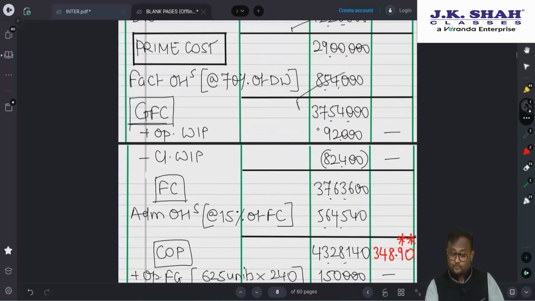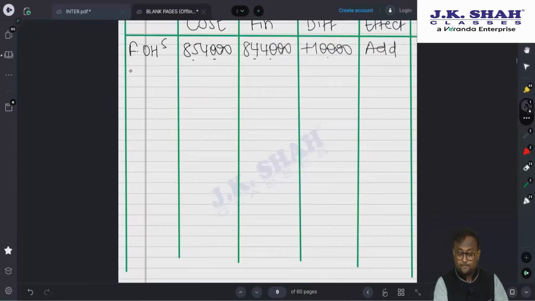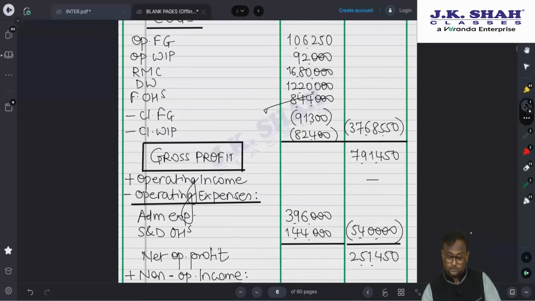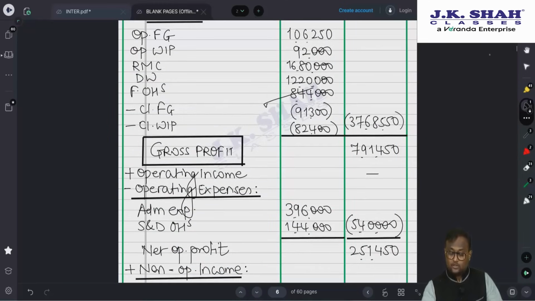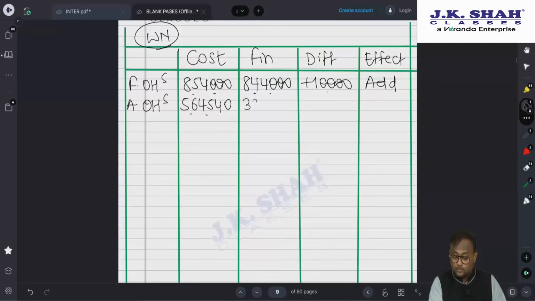Then I have WIP cleared. Admin overheads 564, 540 in costing, and 3,96,000 in finance. 564, 540 minus 3,96,000.